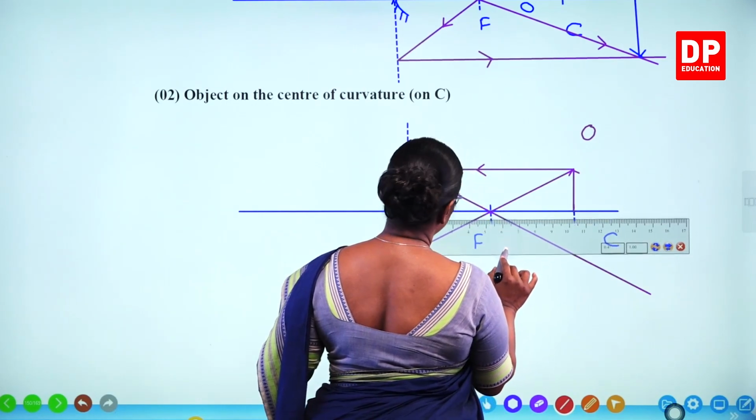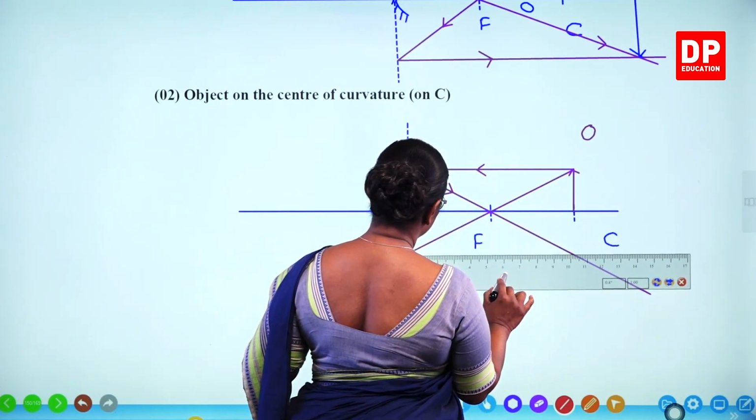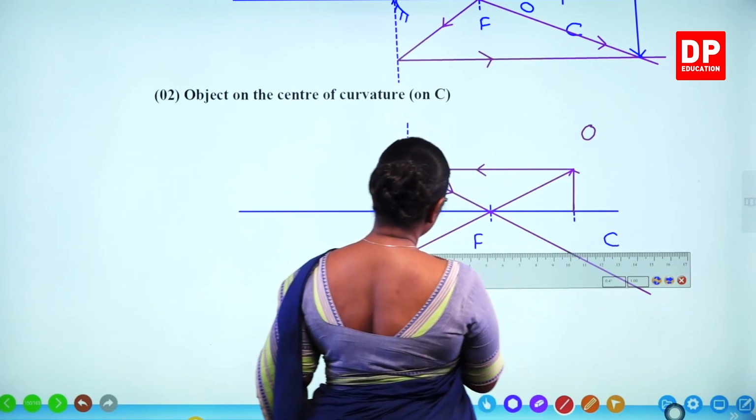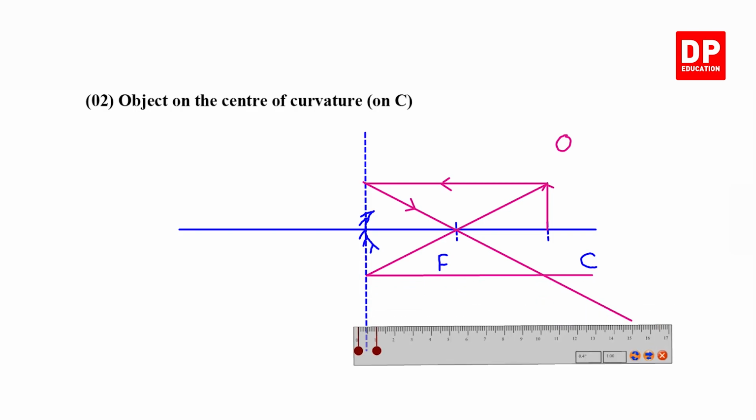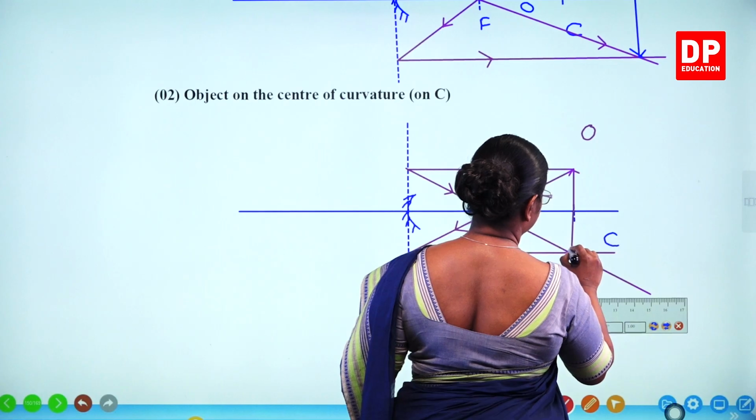So from here it has to go that way. Now I have the two rays, and this is the point where they meet, and if we draw the image.